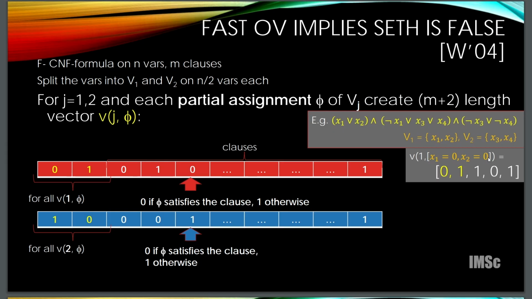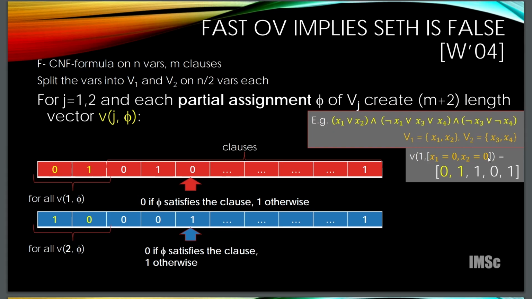Okay. So, now an assignment for this entire set of variables will contain some vertex from here and some vertex from here, together constituting the assignment for all the n variables. Okay. So, now when will that be a satisfying assignment?